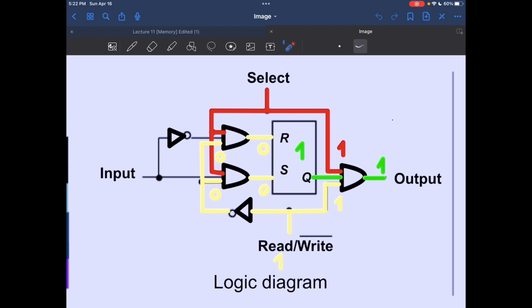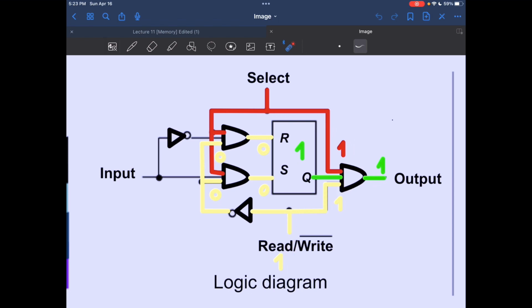On the other hand, if we want to read it, we put a 1 in read. It traverses to the NOT gate and becomes 0 and goes to the AND gate. On the other side, this 1 goes to the output and becomes 1 in this AND gate.